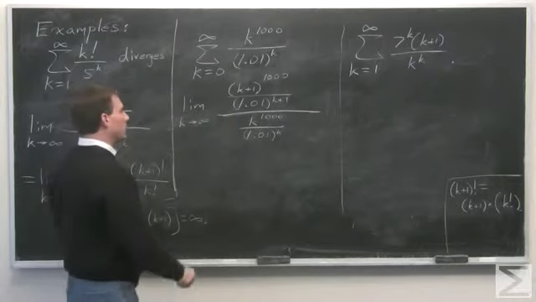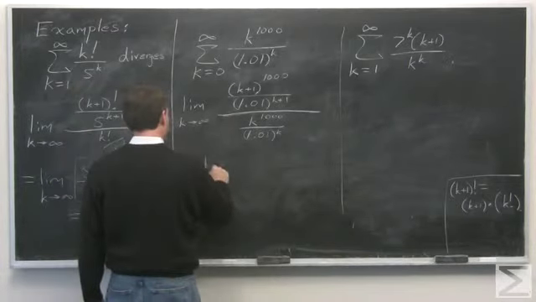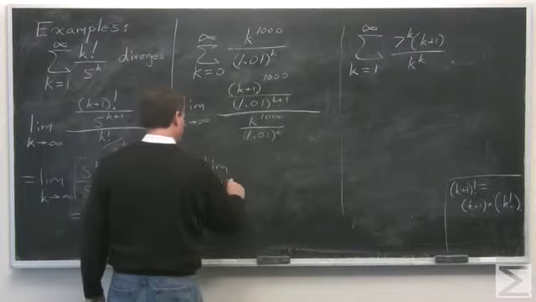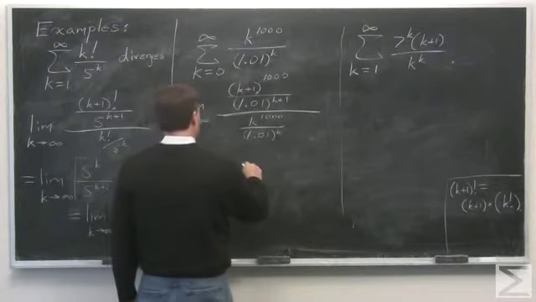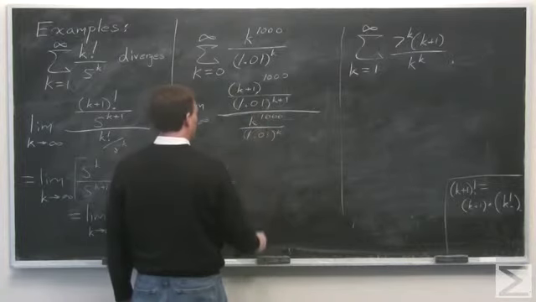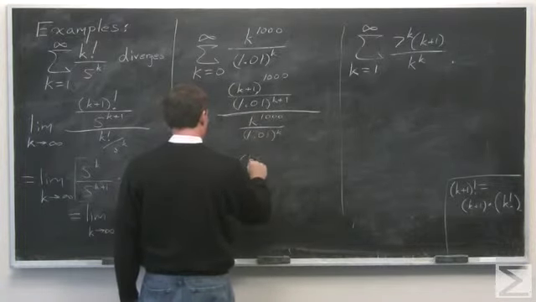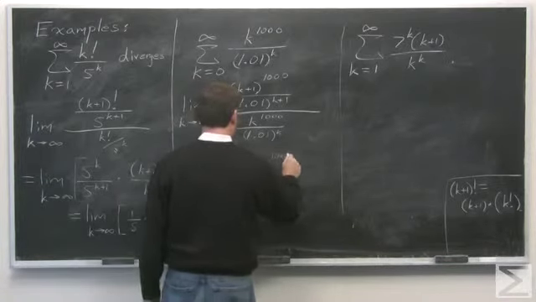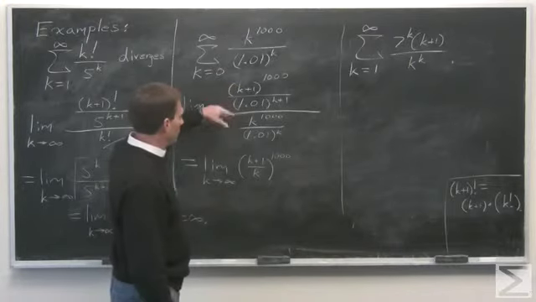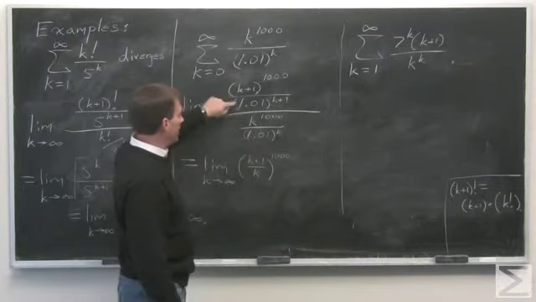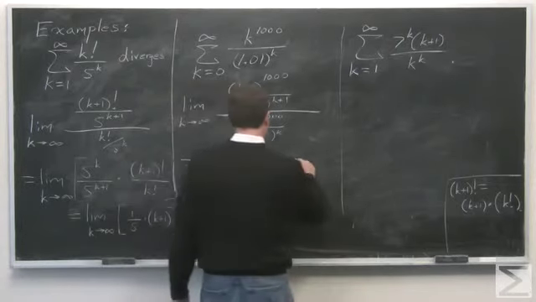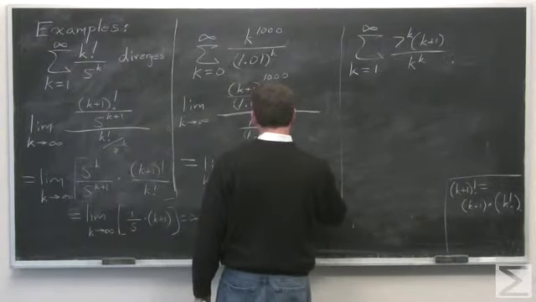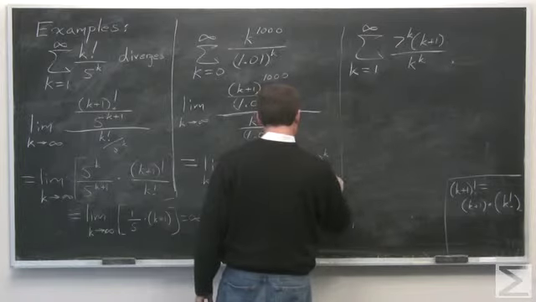You invert, you multiply, you collect similar looking things, and you get the limit as k goes to infinity of k plus 1 to the 1,000 divided by k to the 1,000, that's k plus 1 divided by k to the 1,000th power, and then you get 1.01 to the k divided by 1.01 to the k plus 1.